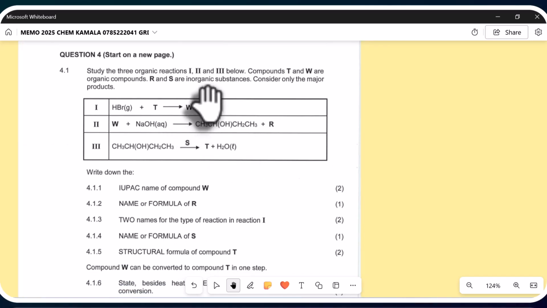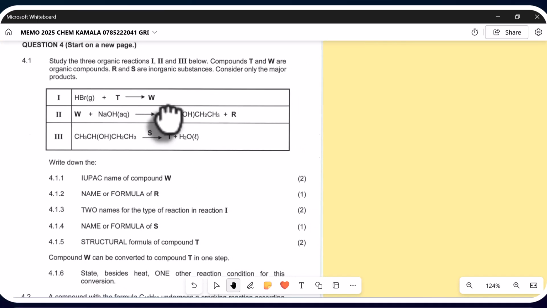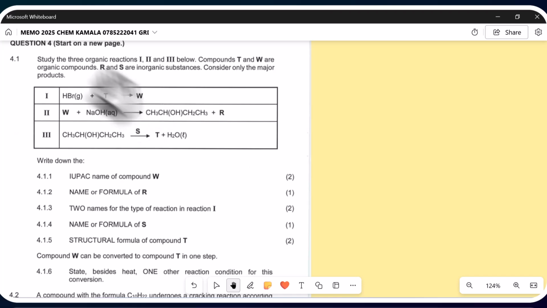How many carbons are here? 1, 2, 3, 4, and then plus R. Now they say R is inorganic, so it means that our compound W must contain 4 carbons as we see in this reaction 2. And because we're getting HBr with T to give us W, and then we use the same W to give us an alcohol, this reaction 2 must be substitution.